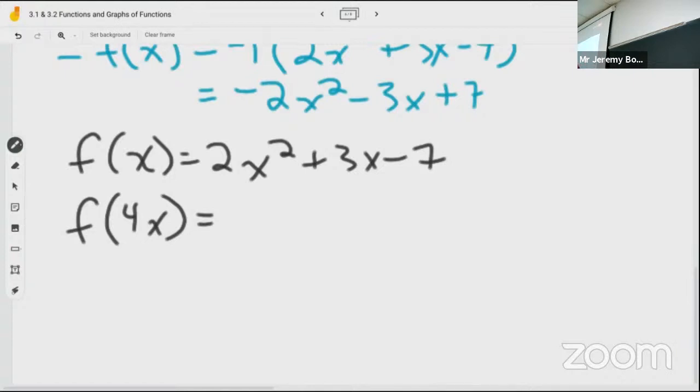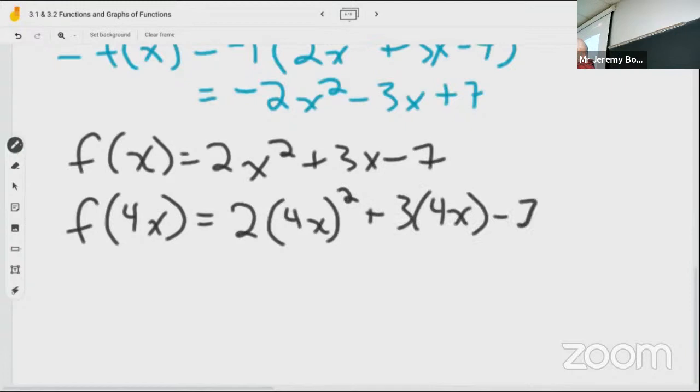Whatever's in the parentheses, you do what with it? Plug it in. So we're going to take the 4x and plug it in for x. So it's going to be 2 times 4x squared plus 3 times 4x minus 7. And we can evaluate that a little bit.